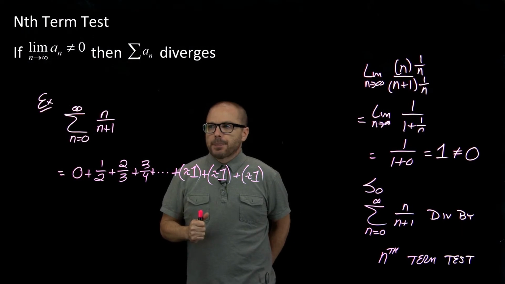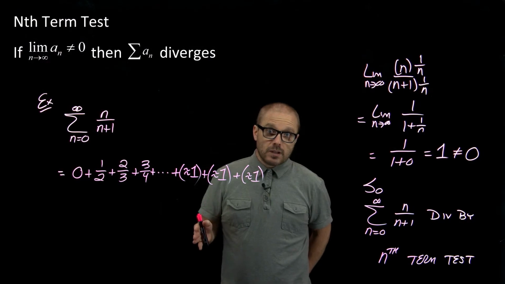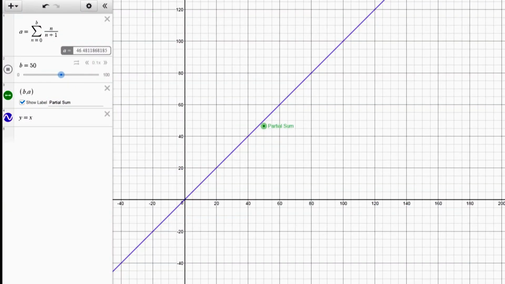So what I'd like to do is take a look in Desmos at our partial sums. I just want to see that happening graphically. On the left there, I've got the series that we were looking at, and I've just stopped it at b. And then the slider lets b get larger and larger.